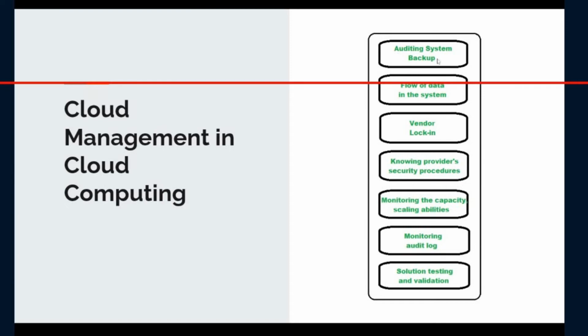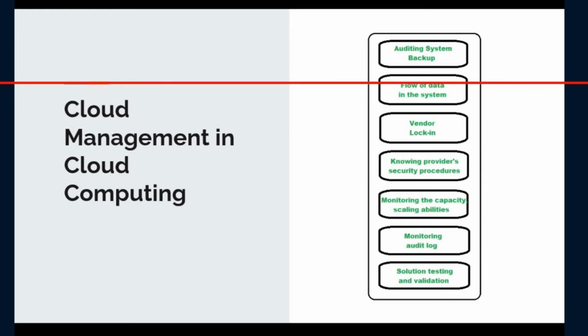Auditing system backups. It is required to audit the backups from time to time to ensure restoration of randomly selected files of different users; that might be done by the organization or by the cloud provider. Flow of data in the system.